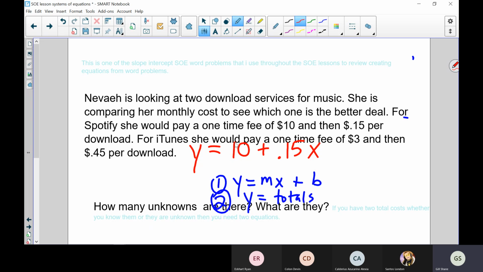And here's the last way. If you read the word problems, and again, this won't apply probably as much next year in algebra as it does the quizzes I make up. Look at the wording in the problem. 15 cents per download. 45 cents per download. Write this.